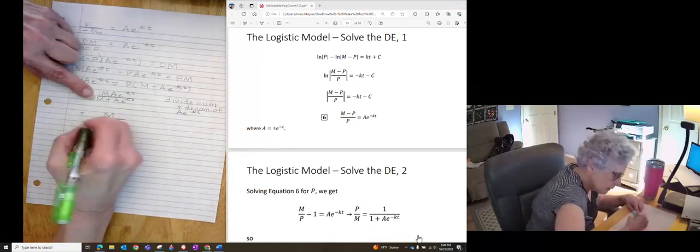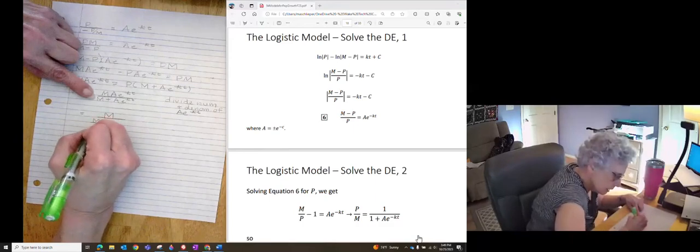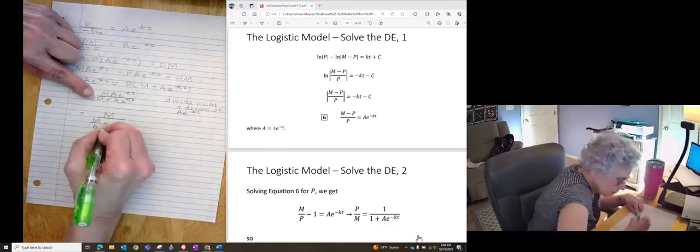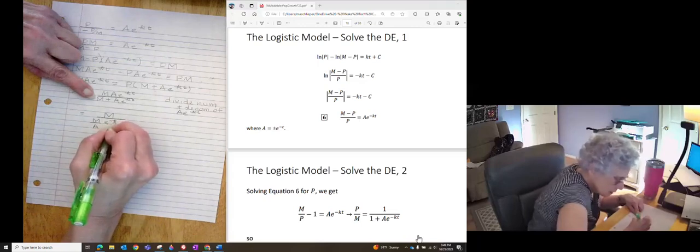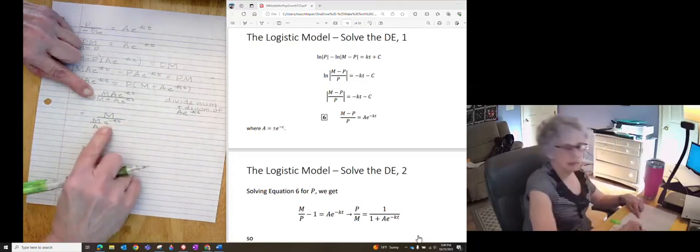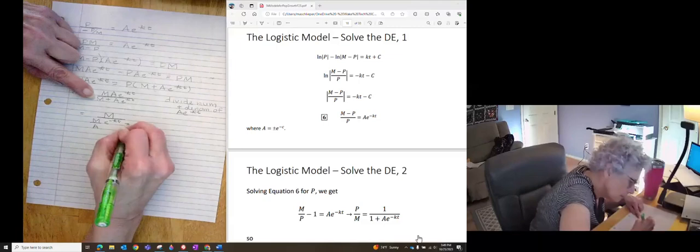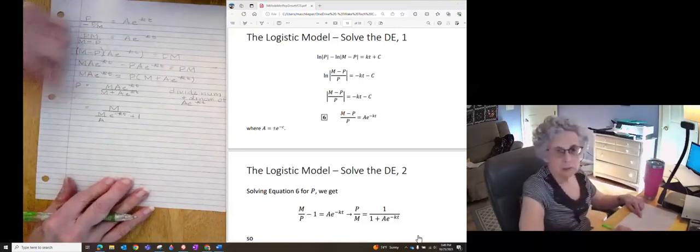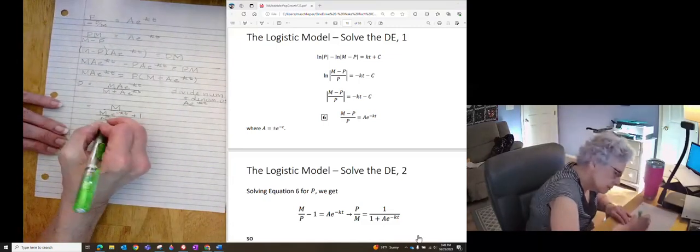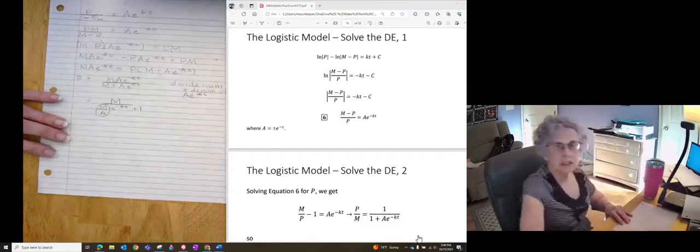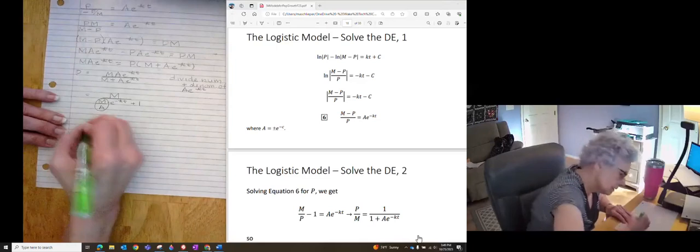Here I have m over a. When I divide by e to the kt, I get e to the minus kt plus 1. But this is just a constant.